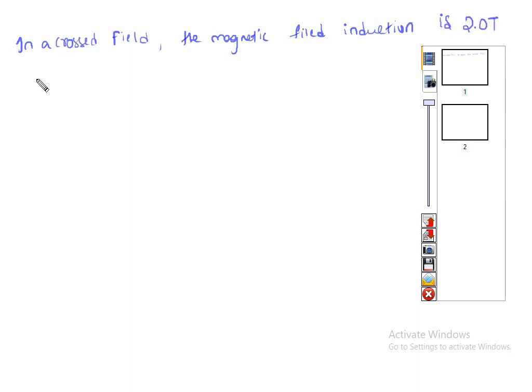An electric field intensity is 20 into 10 to the power of 3 volt per meter.